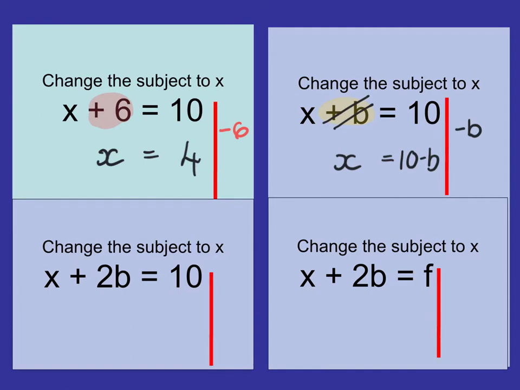Okay, next one. Again, we have got a plus, but I want to get x on its own. So the opposite of plus 2b would be to take the 2b away, meaning that my answer for this one is going to be 10 take away 2b.